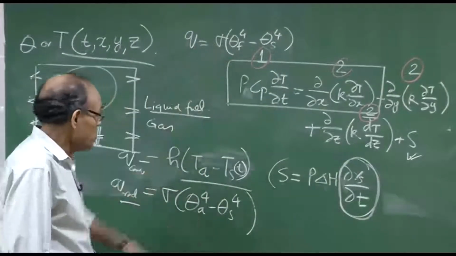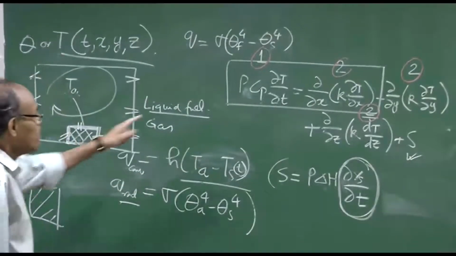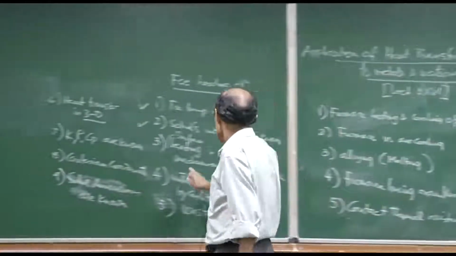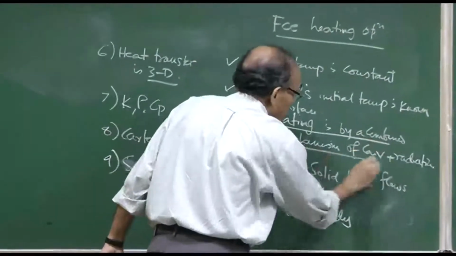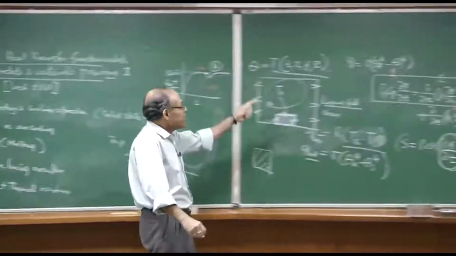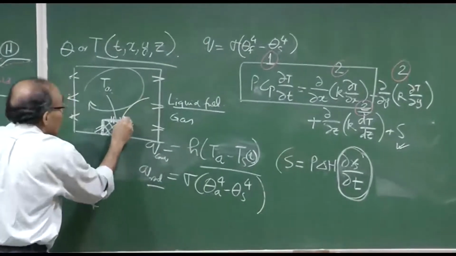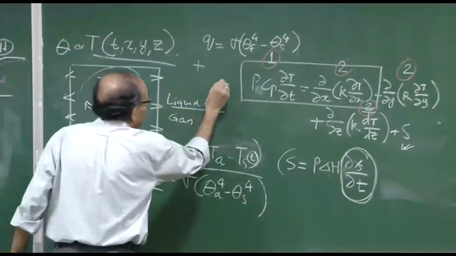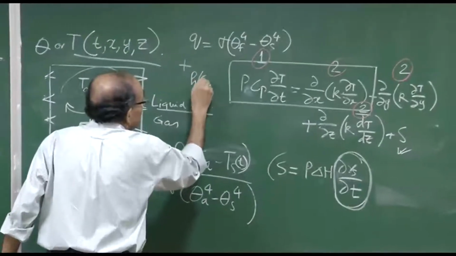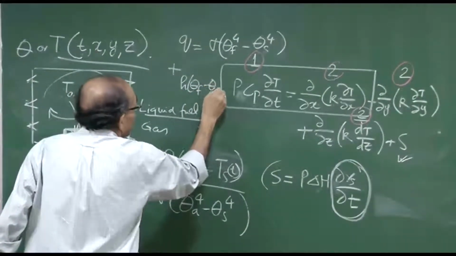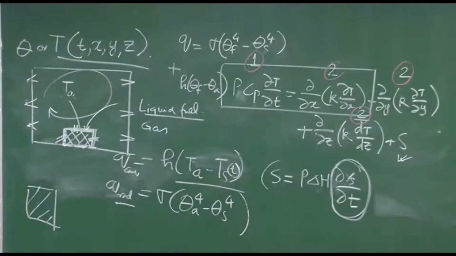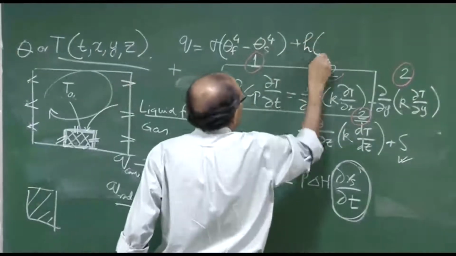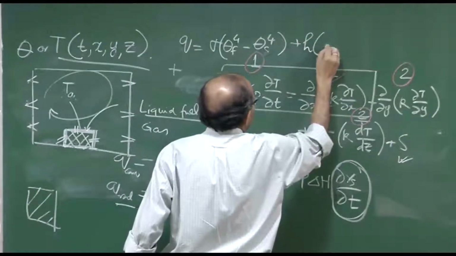So, the flux boundary condition can be applied here, and as I said, if you are fussy, as I have indicated, here heating is by a combined mechanism of convection and radiation. Therefore, heat is coming from the furnace to the solid not only by radiation, but also by convection, and then you can add to it h into theta furnace minus theta A. So, the net flux I will say is the combined convection radiation flux prevalent at the surfaces.